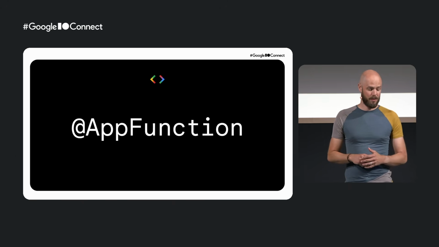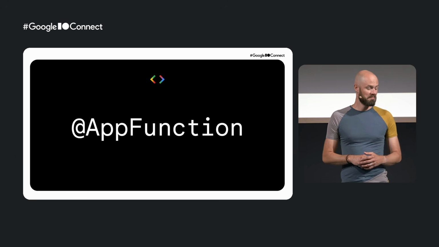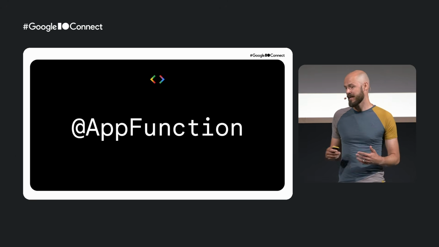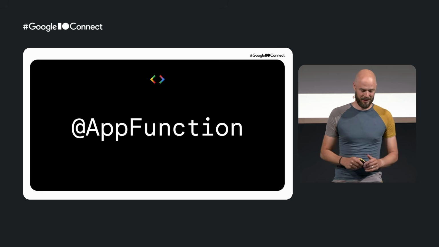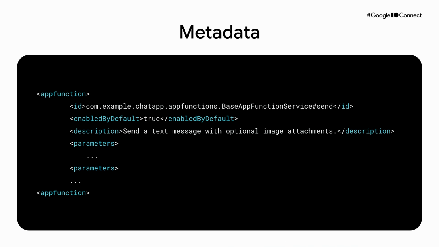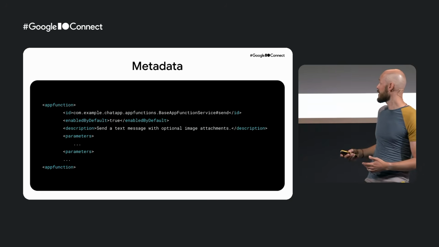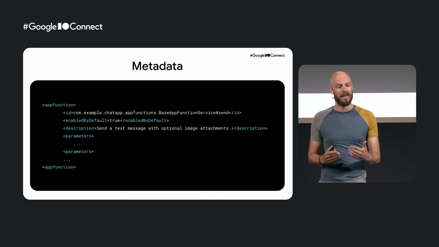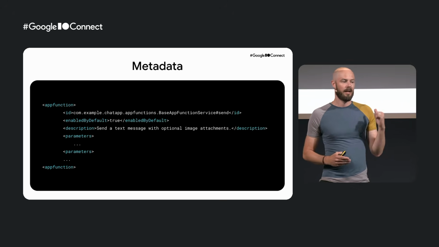So let's make this actionable. After considering which parts of your app you want to provide to your users, you just annotate your functions with AppFunction. This is oversimplified. There's a bit more to it. Now, after an AppFunction has been compiled and has been marked, the compiler then generates a schema that registers the AppFunction with the system that contains the ID of the AppFunction, description, parameters, and everything, so the agent actually can act upon those things.